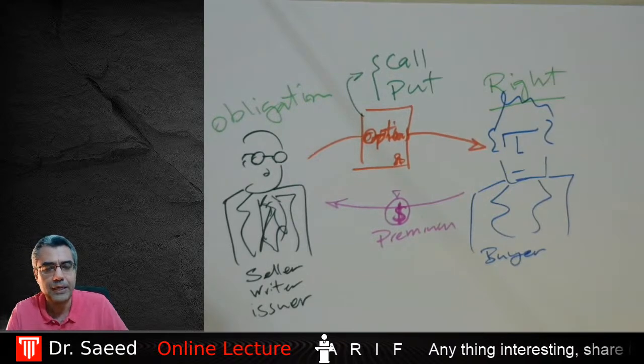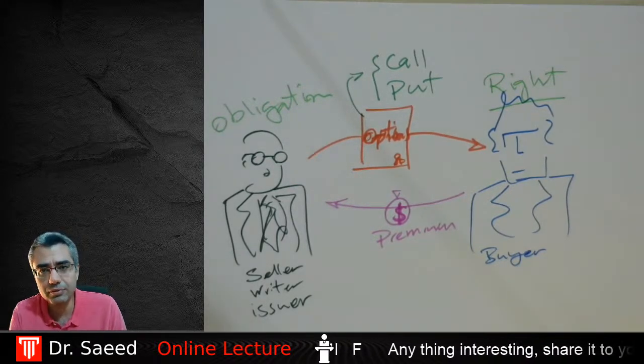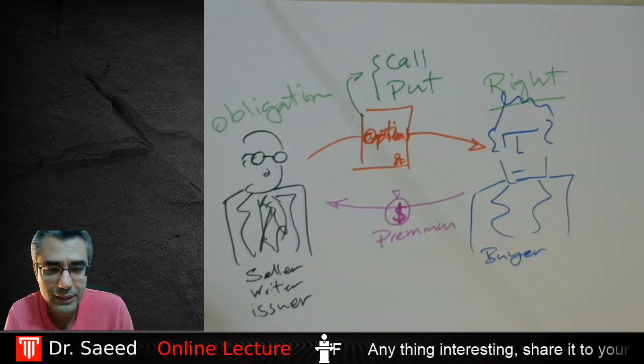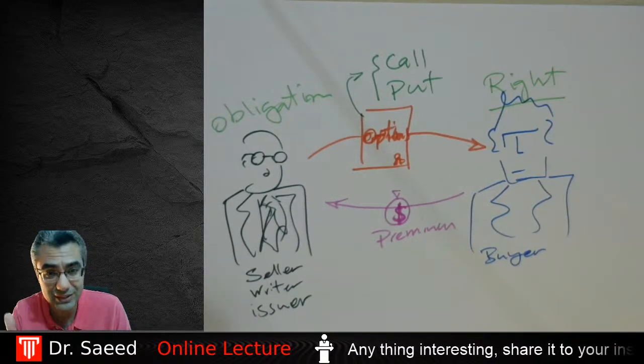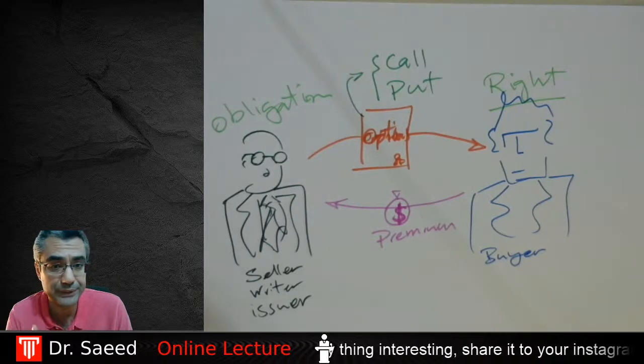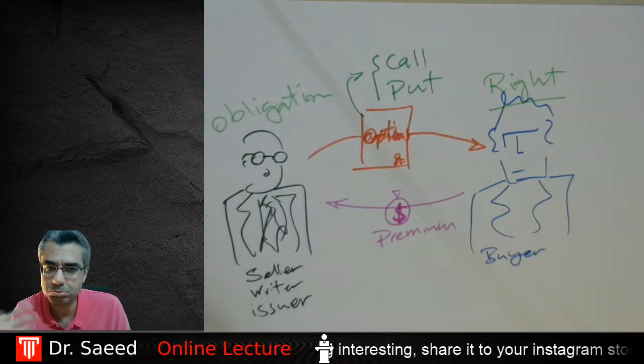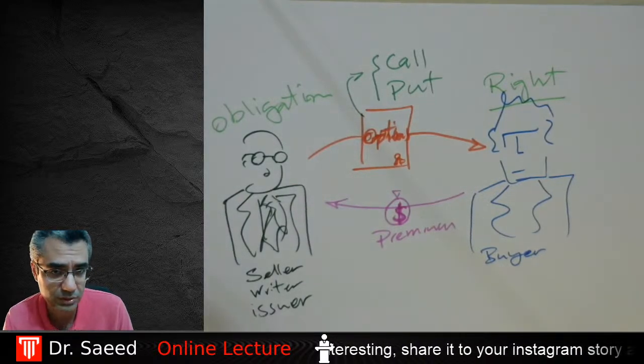What is call? Call gives the buyer of the contract the right to buy an underlying asset at the strike price during a period. For example, the lifetime of the option contract can be maybe 1 month, 2 months, 3 months, right?